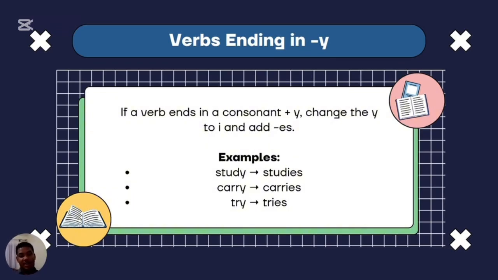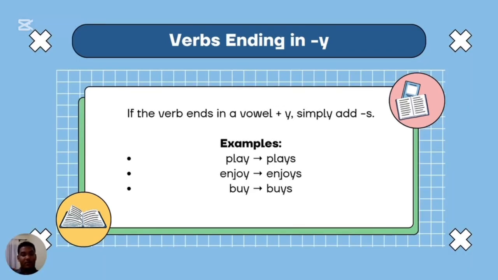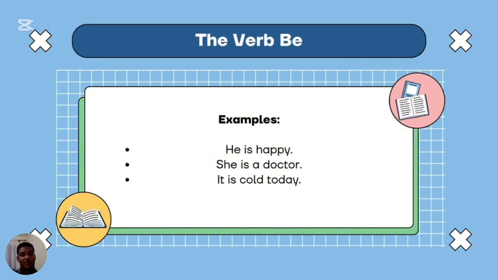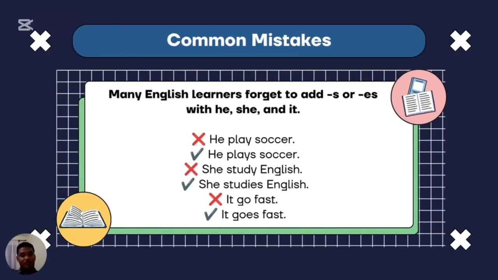For example: study, studies; carry, carries; try, tries. We have the verb to be as well. It is irregular, so we have a different form for each personal pronoun, like am, are, or is for the third person. Here are some more examples with the verb to be.